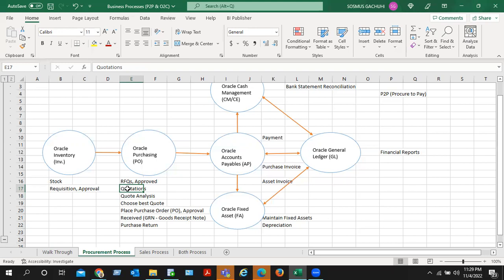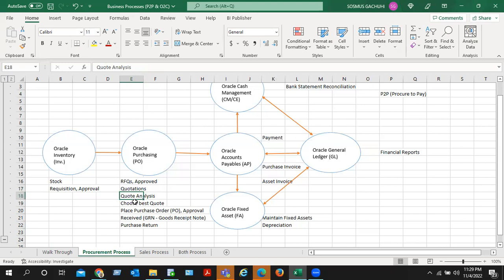Several different suppliers will share quotations, giving details of how they will sell the item they have been requested for in the request for quotations document. And these quotes will come and get analyzed.